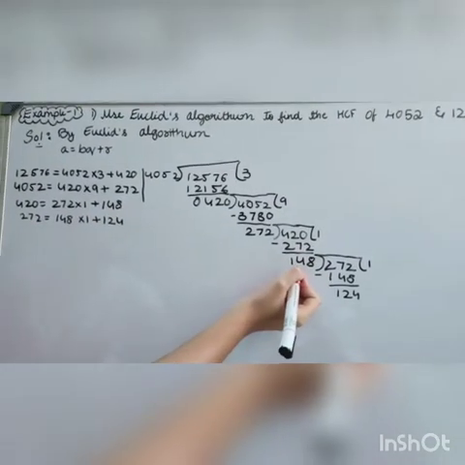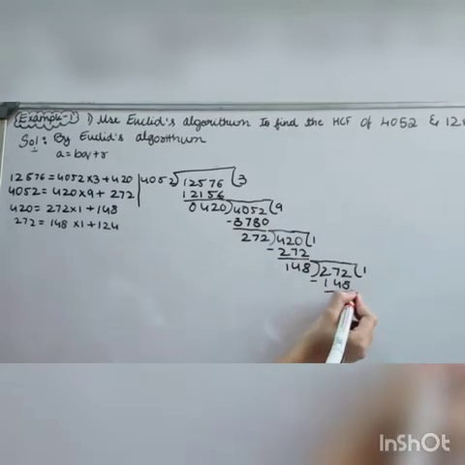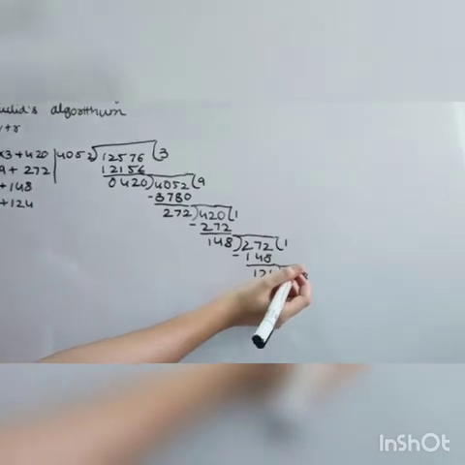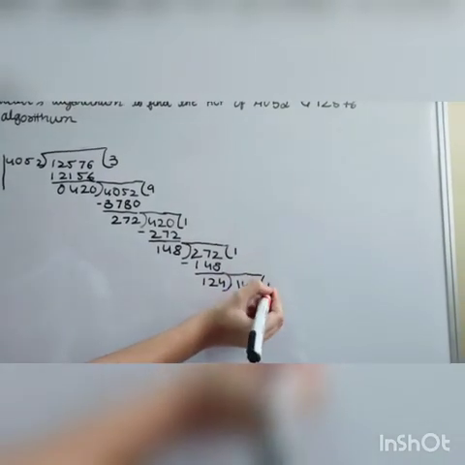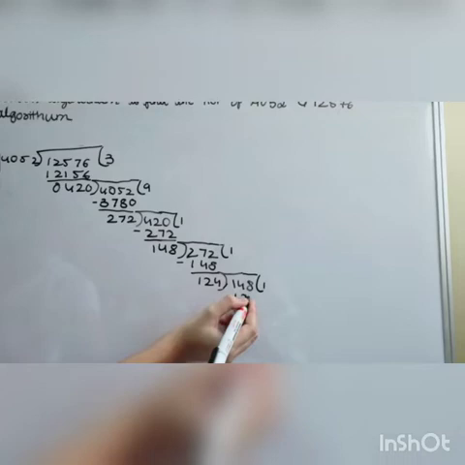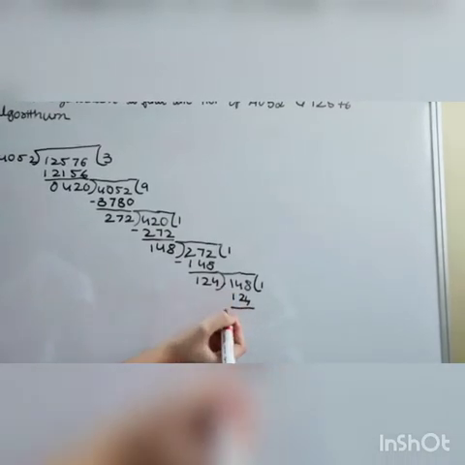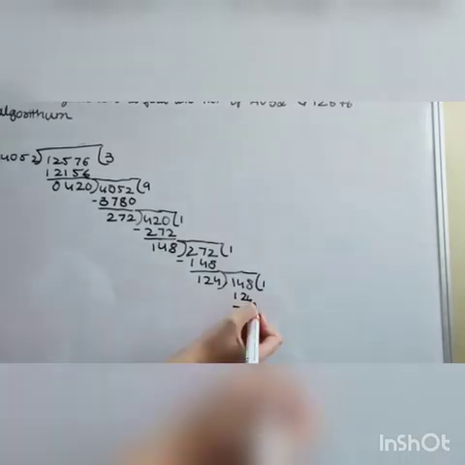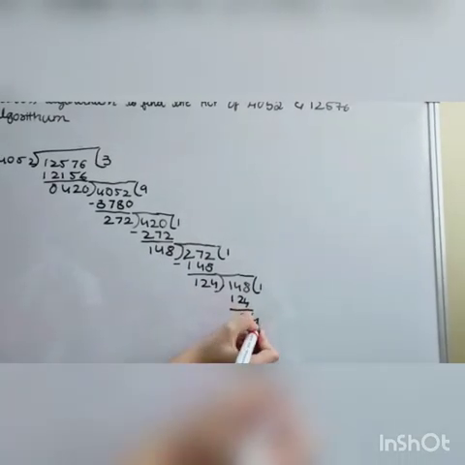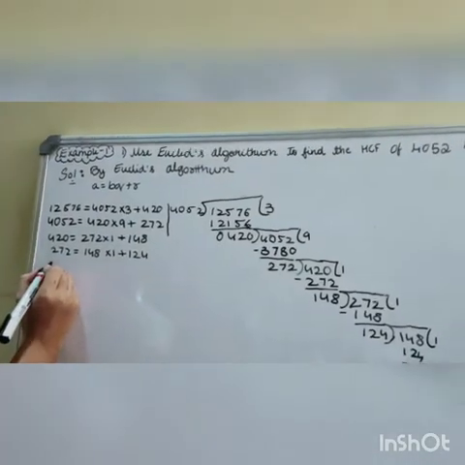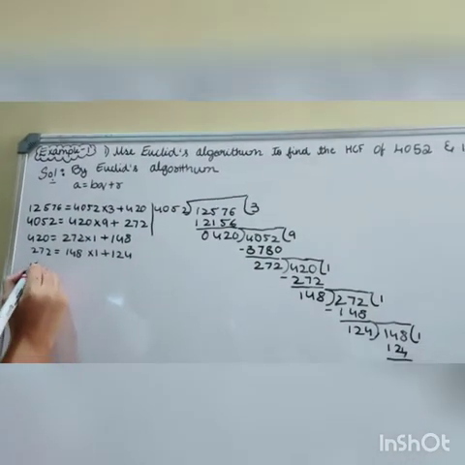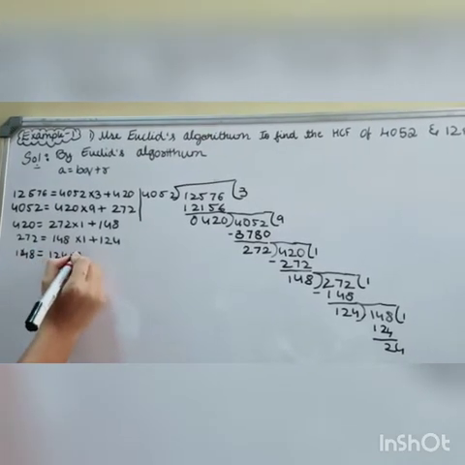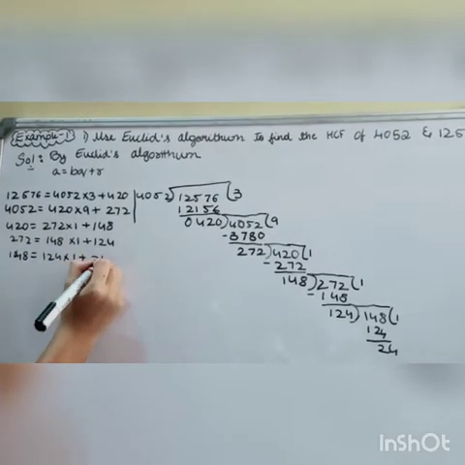Now I'll bring the previous divisor here, so 148 and 124. If we subtract 124 from 148, we'll get the answer 24. So we can write 148 as 124 into 1 plus 24.